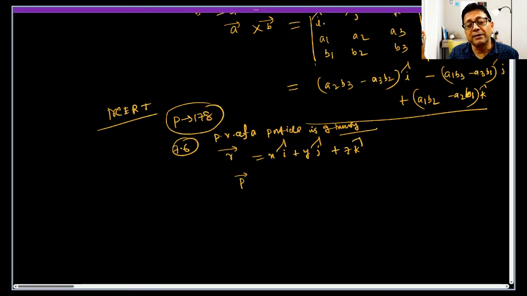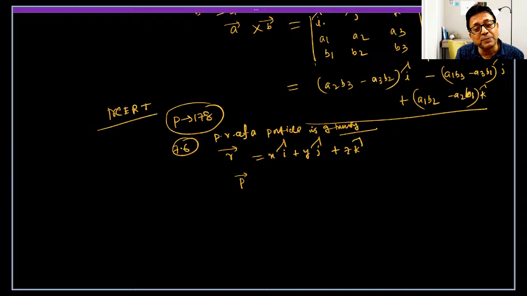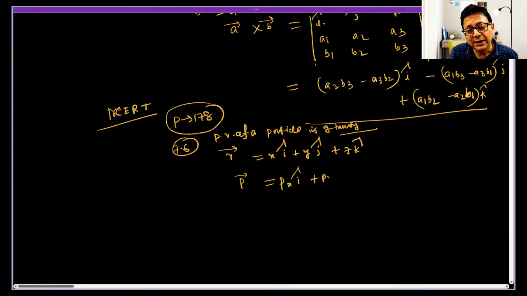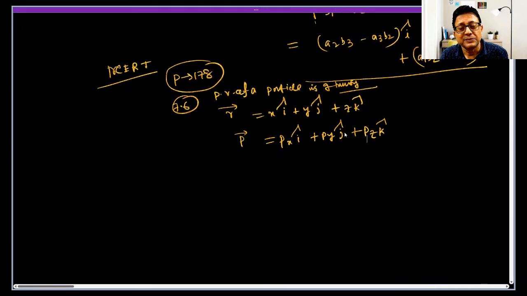P they have not given, but components are given, so p vector also you can write pxi, pyj, pzk, so that if the particle moves only in the xy plane, the angular momentum has only a z component.